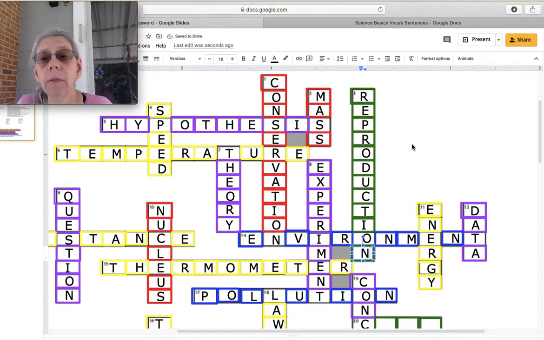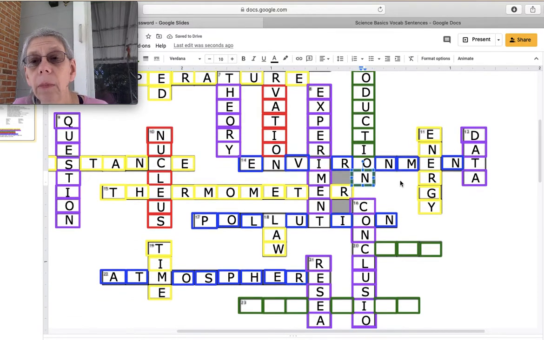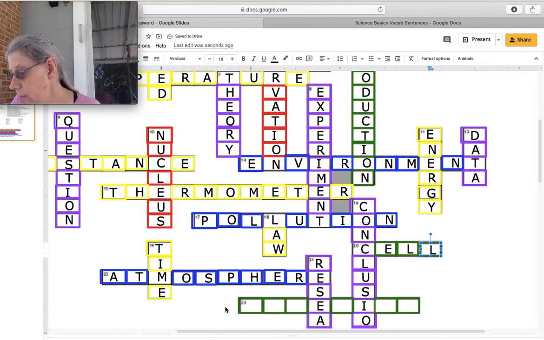Okay. All right. Here we go. This is 20 across. The basic unit of life. You're made of many of them. Some things are made of only one. The cell. And our last word, 23, the study of passing traits from parents to offspring.